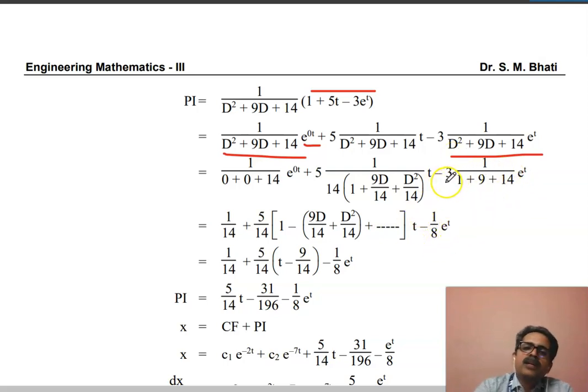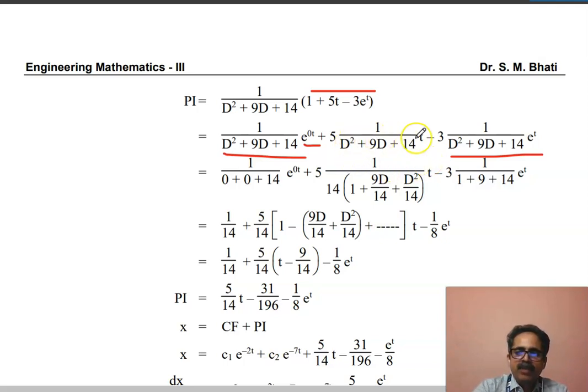Now what about the middle term? The middle term has type x raised to m, with x replaced by t, and m is 1. So polynomial type. And here we know how to proceed. We have to take the lowest degree term of phi D as common.